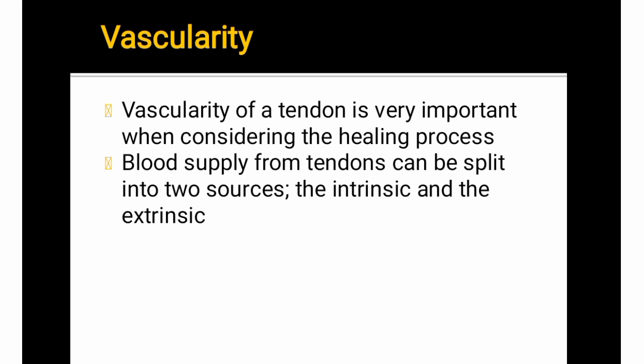This leaves the extrinsic sources to supply the mid portion of the tendon. Studies have shown that tendons have significantly reduced vascularity around bony pulleys. A connection has been made between tendons that can be compressed at multiple locations and common sites of degeneration or rupture.